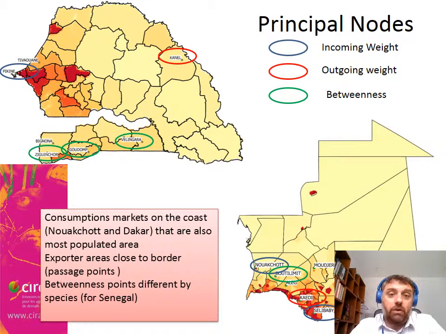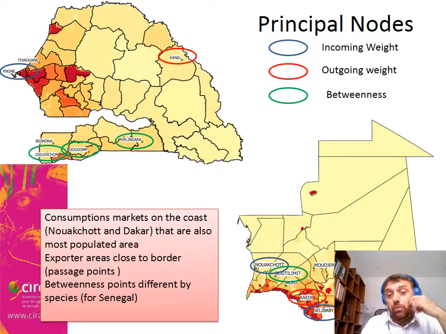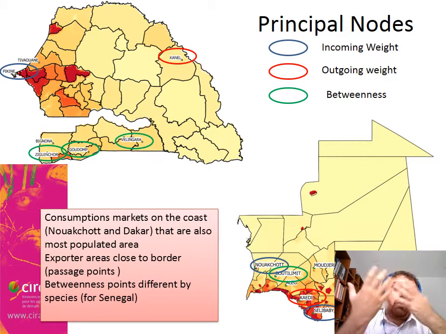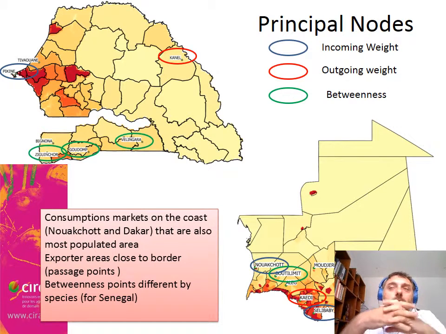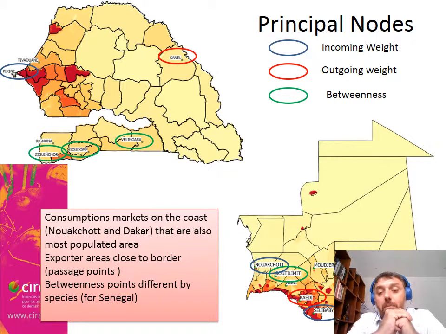Now we see, for example, that Dakar is the most important consumption point, and also Nouakchott for Mauritania. This is quite natural because this is where most of the population concentrates. However, in Mauritania, these are the places where there is the highest outgoing weight.